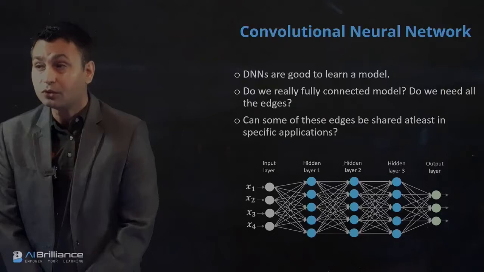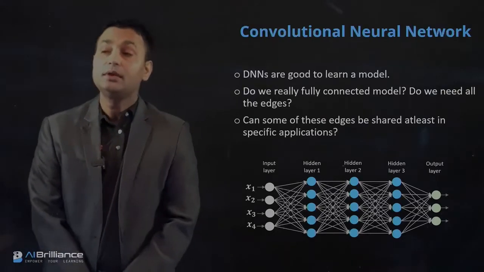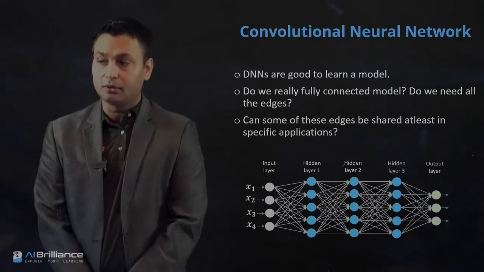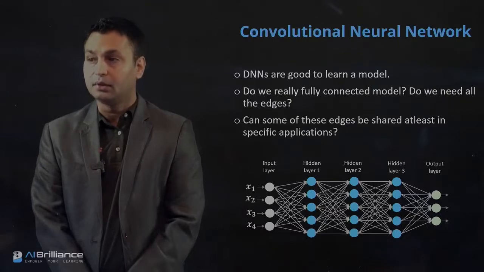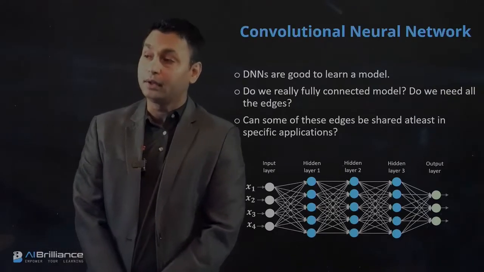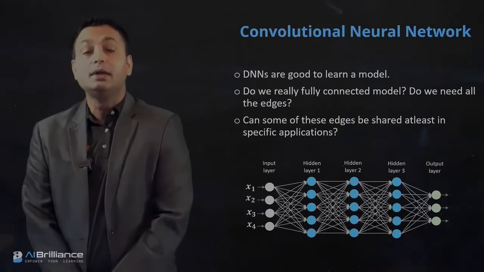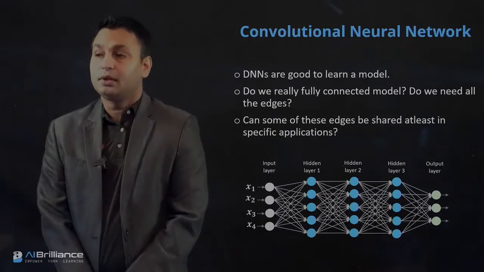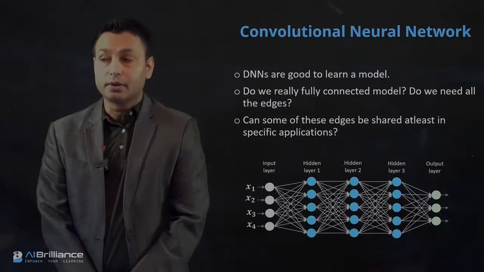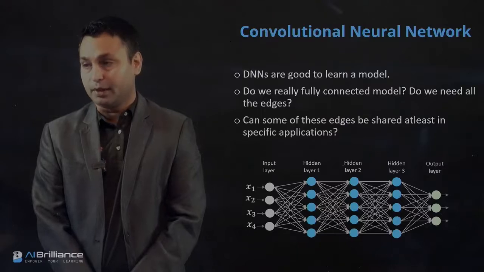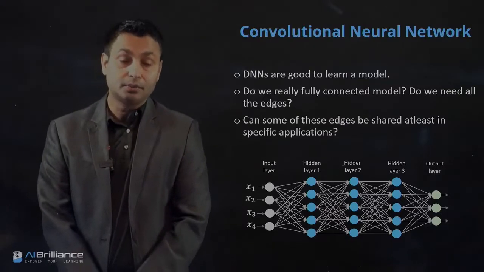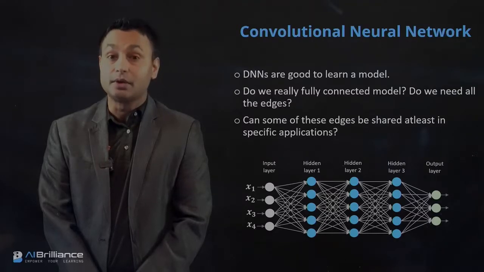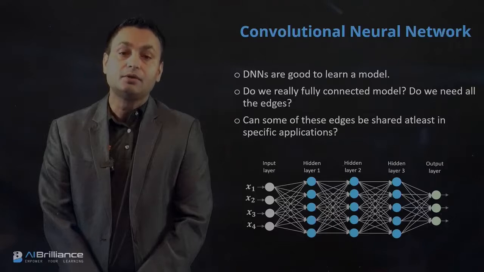So the question is, do we really need this fully connected model where everything is connected to everything? Do we need all the edges? More specifically, can we be more creative in sharing those edges, at least in some specific applications? Maybe it is not possible to remove these edges in all applications, but can we do something in a specific application?